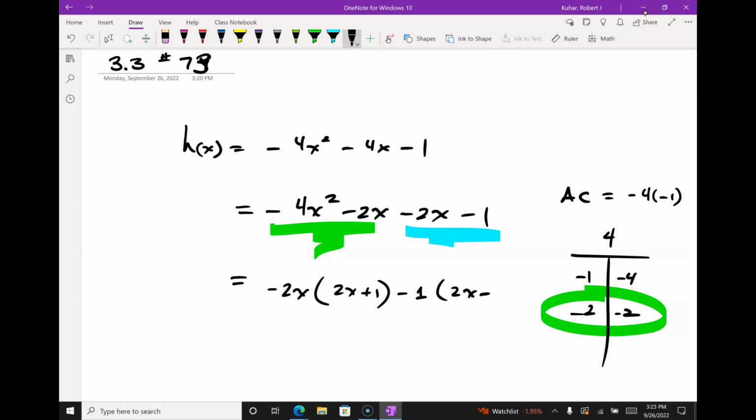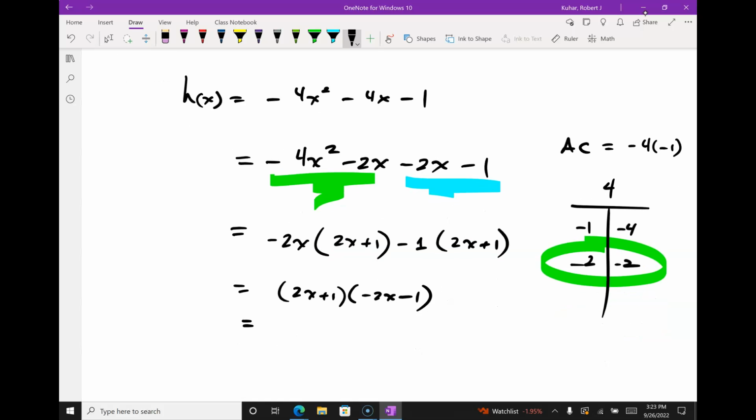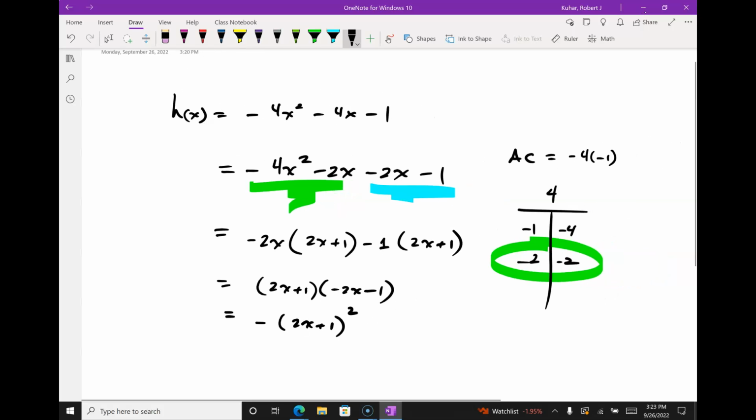And so I get 2x plus 1 again. They match. They better match. If they don't match, I'm in trouble. So I get 2x plus 1 times negative 2x minus 1, or better yet, negative 1 times quantity 2x plus 1 squared. Is that okay with everybody?